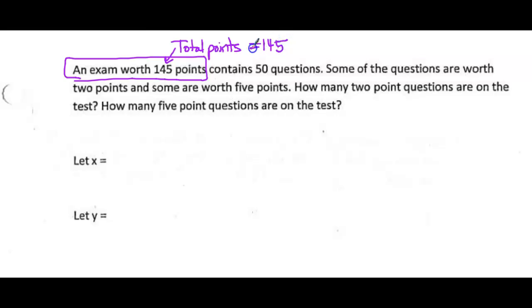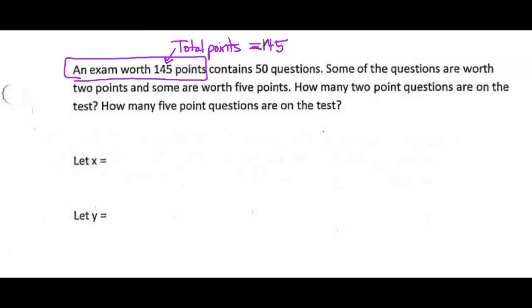Okay, so here's the first one. It says an exam worth 145 points. So let's think right now. If you have an exam or a test and it's worth 145 points, this 145 points is your total points. Which means something has to equal 145.